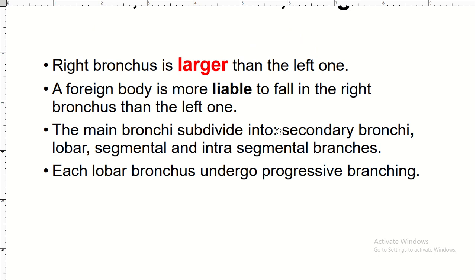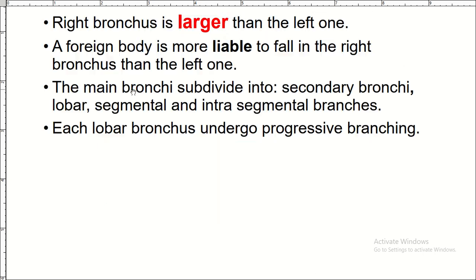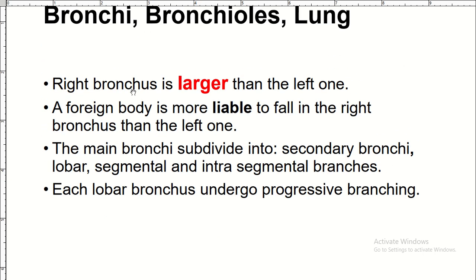So this is your main bronchi, or your primary bronchi, right? They are going to further divide into secondary bronchi that are called lobar bronchi. To the left, you're going to have two secondary bronchi that correspond to two lobes. To the right, you're going to have three secondary bronchi that correspond to three lobes.